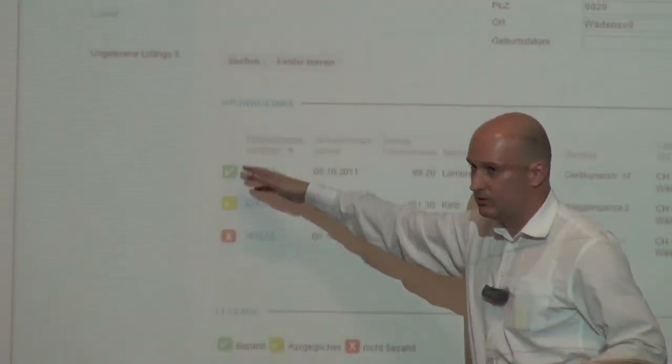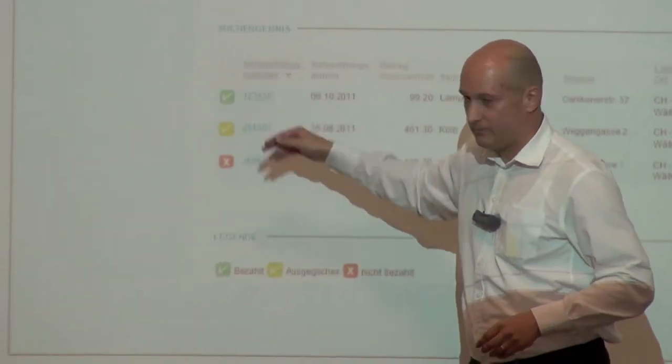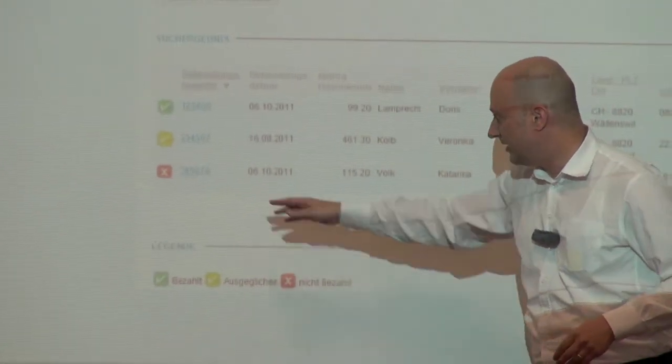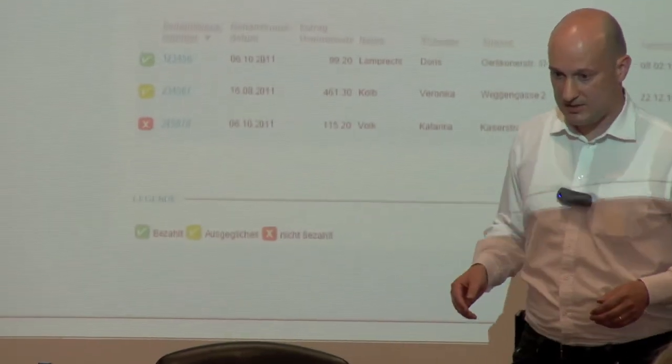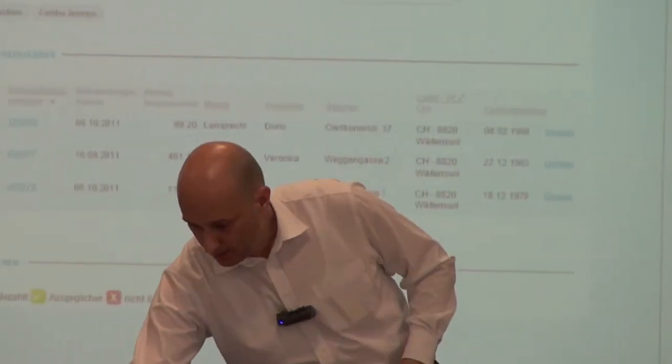Here you get a quick visual indication whether everything is okay. Green obviously means invoice paid, everything okay. Red is invoice not paid. And then you can click on the link here, and then you get details. This is what the detail page looks like. It's a simple case, invoice created, invoice paid, ready.